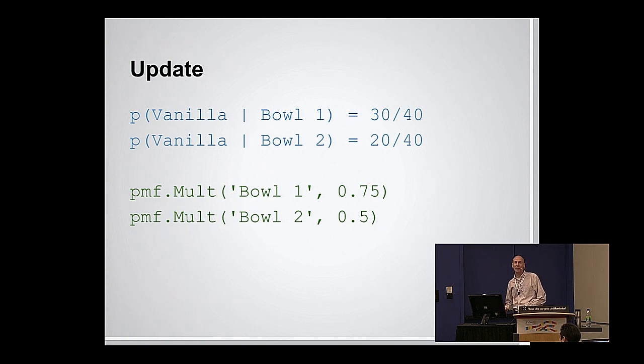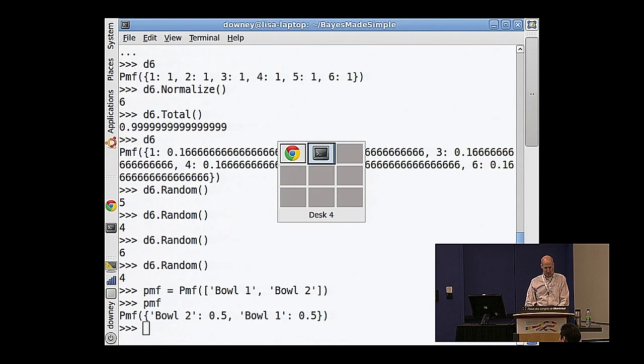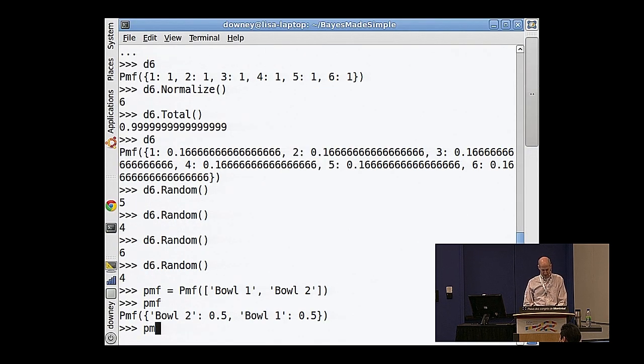And here's how I'm going to do an update. I'm going to use the mult method to multiply each hypothesis by its conditional probability. If I know that I'm drawing from bowl number 1, then there's a 3/4 chance of getting a vanilla cookie. If I know that I'm drawing from bowl 2, then it's 50-50, and that's where I get 3/4 and 50%. So I update the PMF.